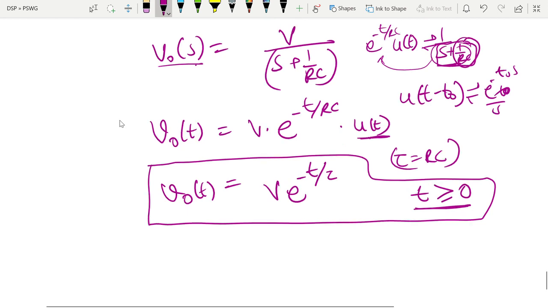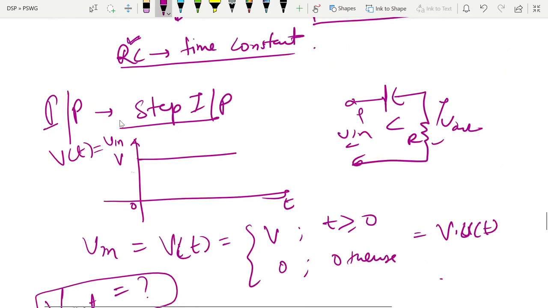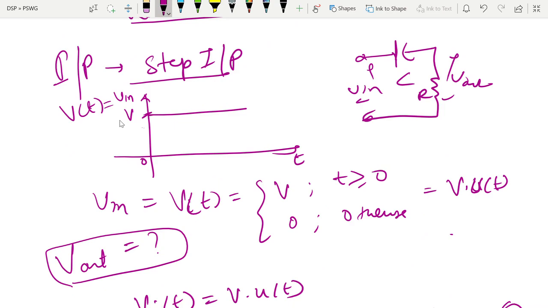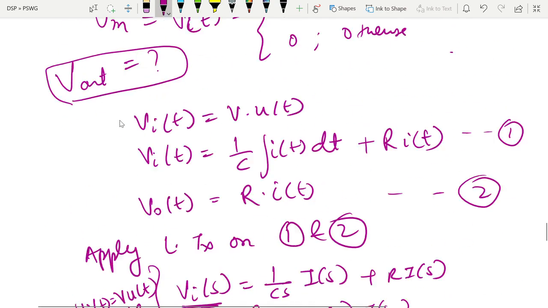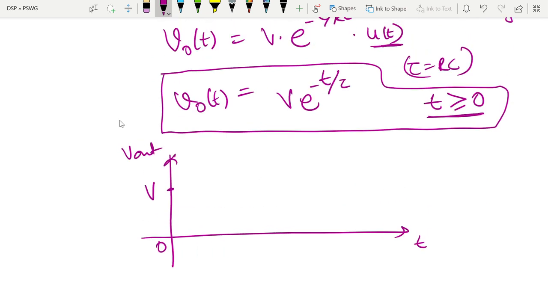If you plot this output signal, what will the output be? At 0 time, the input has V at 0, and at the output we will get the maximum output voltage V. But as we increase t, it will be an exponentially decaying signal.